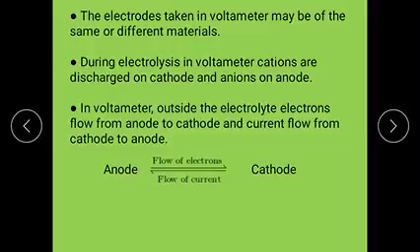When these two electrodes are connected to the battery, one acts as anode and the other acts as cathode. In the electrolytic cell, electrons flow from anode to cathode, but current flows from cathode to anode.